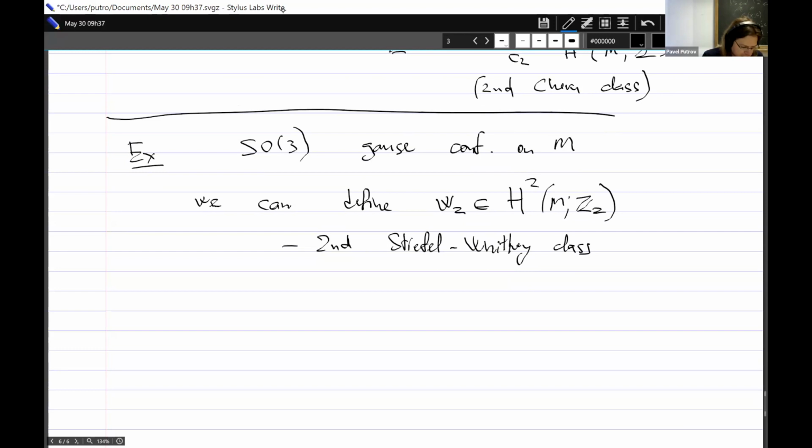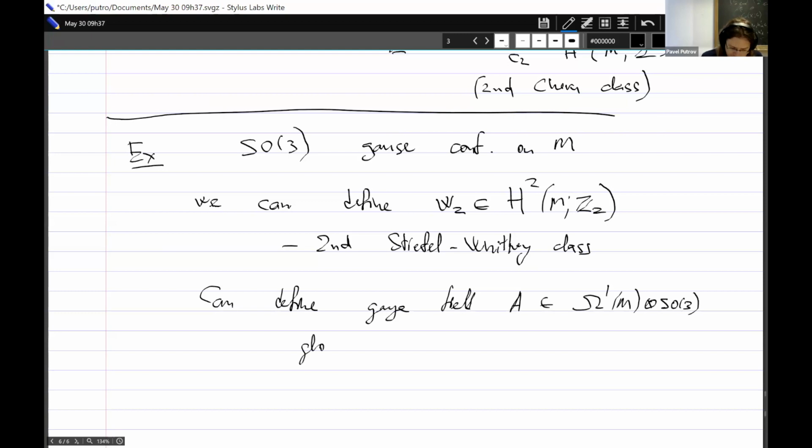The interpretation is similar to the one for the first Chern class, so we can define a gauge field A, a one-form on M with coefficients in the SO3 algebra, globally on M minus C. Again, this is a d-2 cycle.